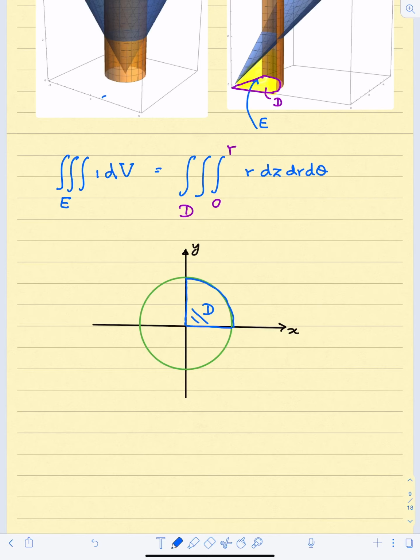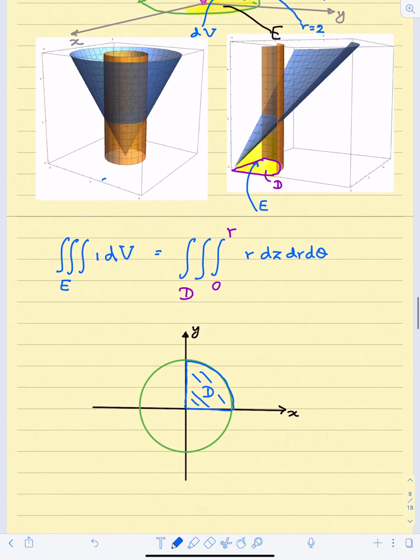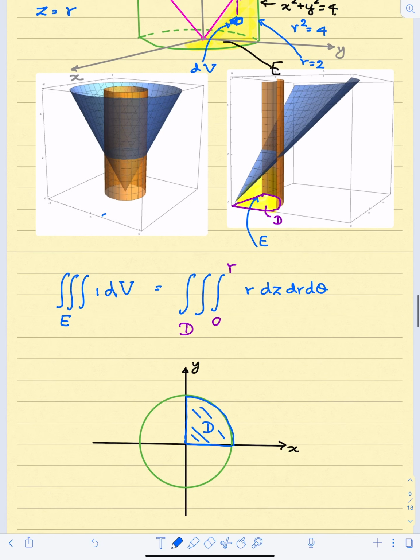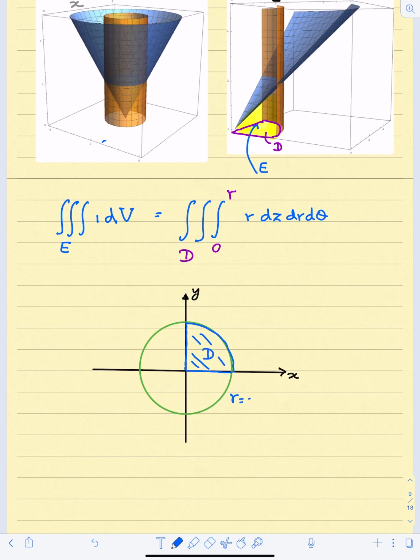This is your domain D, and the radius of this circle equals the radius of the cylinder, which is 2.